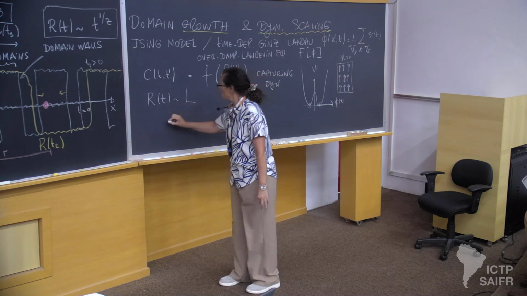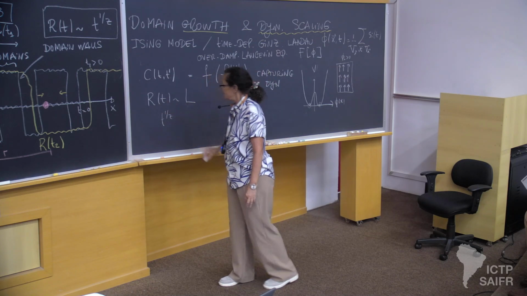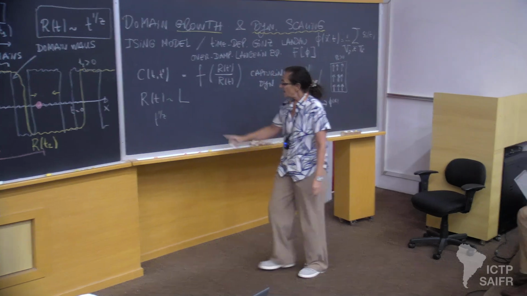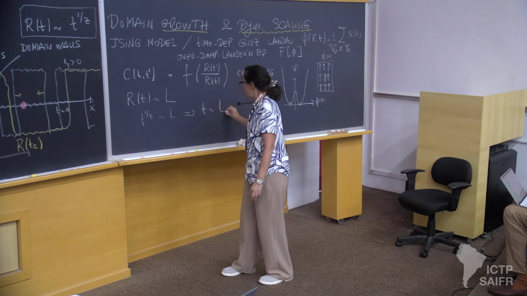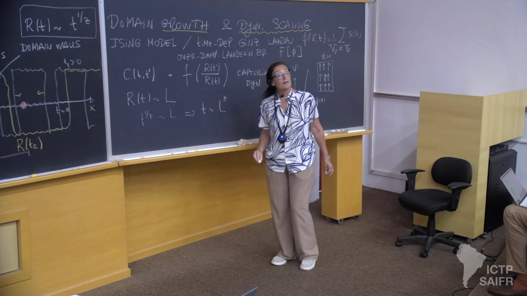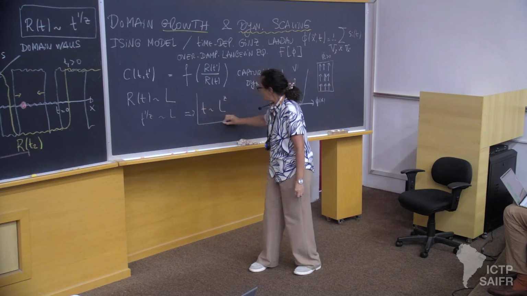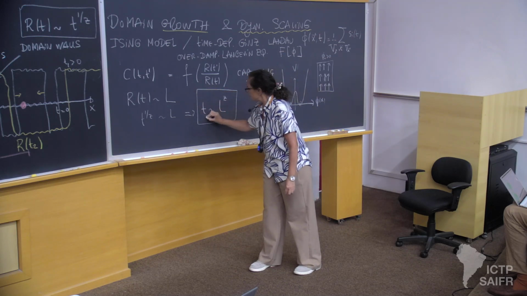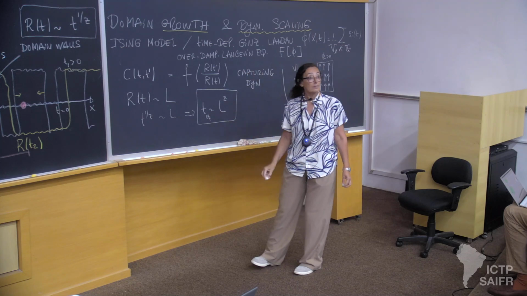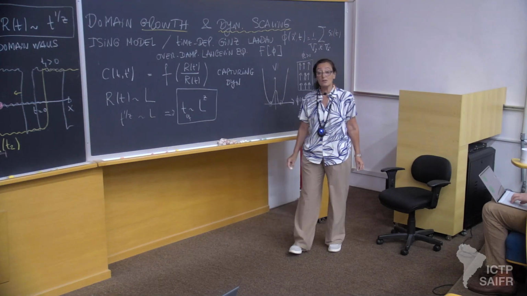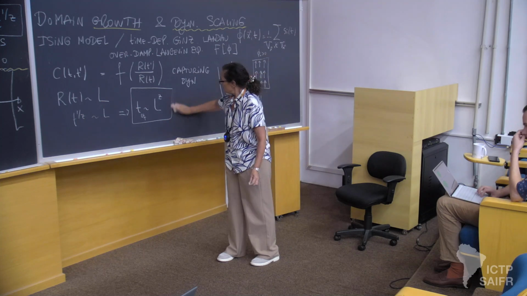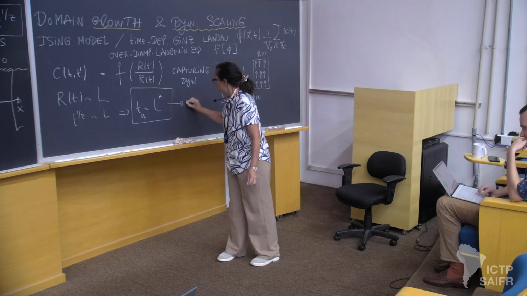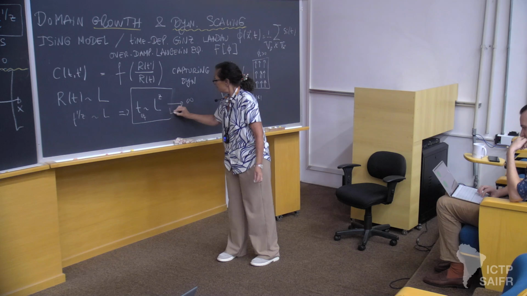But if R of t goes like t to the 1 over z, and it has to be like L, this means that time should go like L to the z. So I need a time of the order of L to the z, at least, this is like a lower bound, to equilibrate my sample. And this diverges with system size, because if I take L to infinity, this goes to infinity.